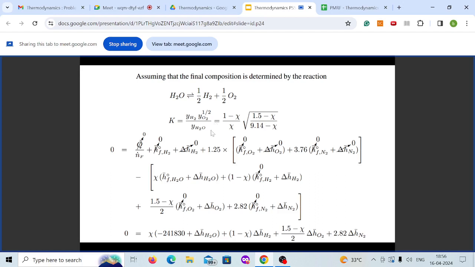Your P reference is 1 atmosphere and P is also 1 atmosphere here, so the pressure factor will be 1. When you substitute the mole fraction values here, it gives (1 minus x)/x into the root of (1.5 minus x)/(9.14 minus x).